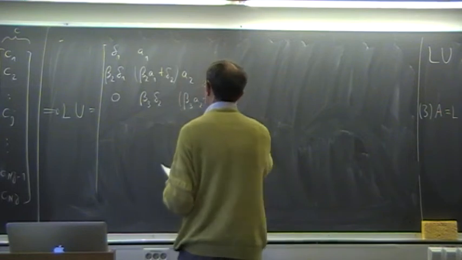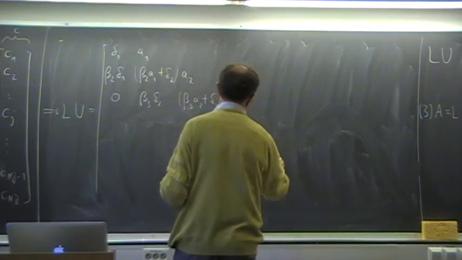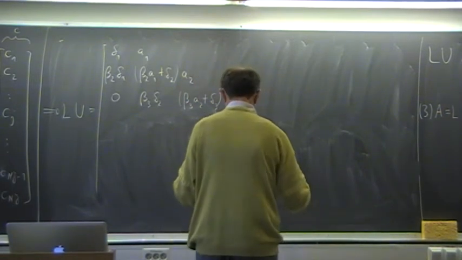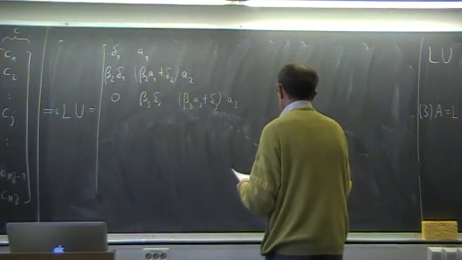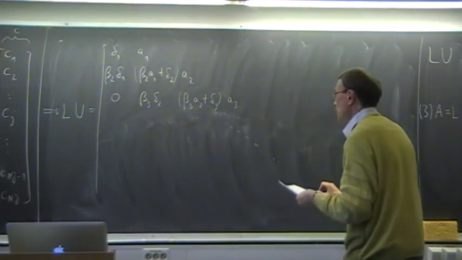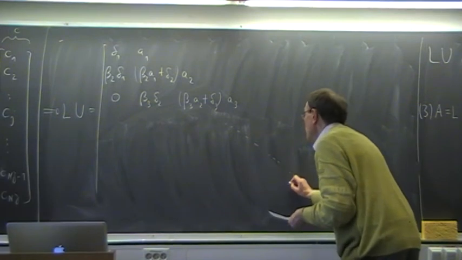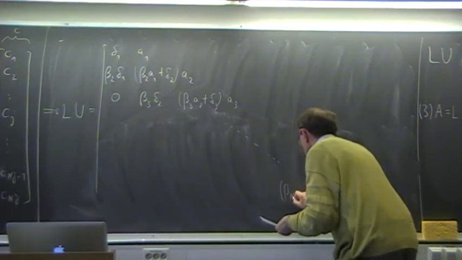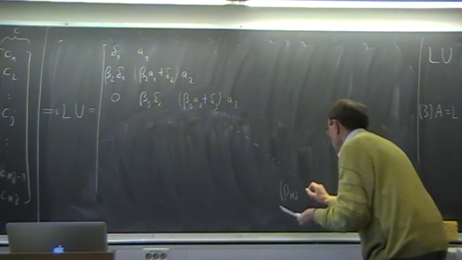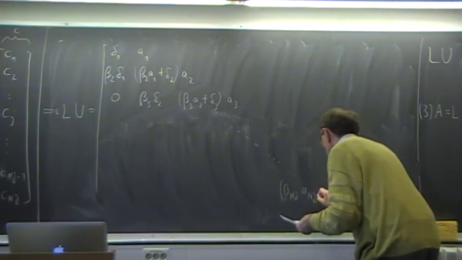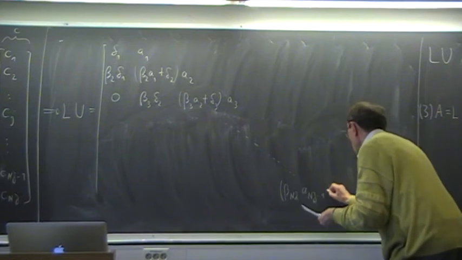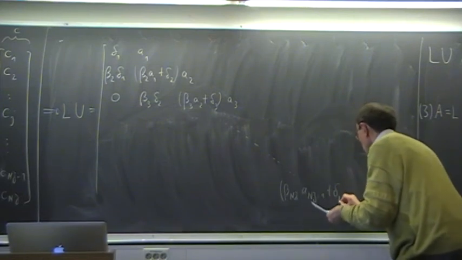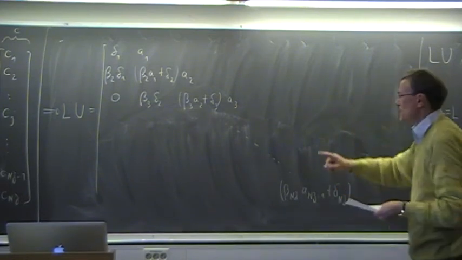So that means we have then in the diagonal these larger expressions, and we get to the very end, we'll get something in the diagonal where we have the beta nj times the a nj minus 1 plus the delta nj. So that is, we follow this pattern.